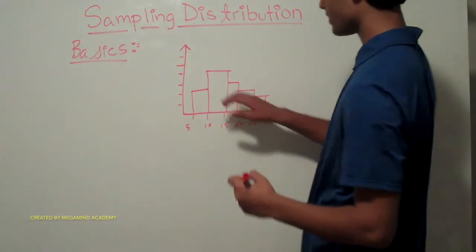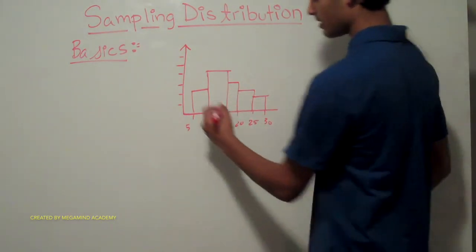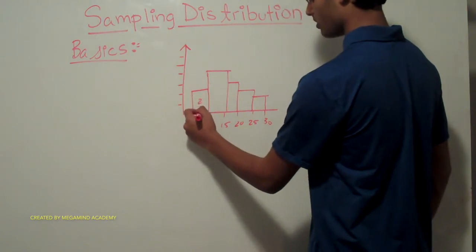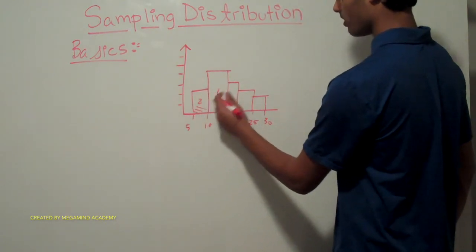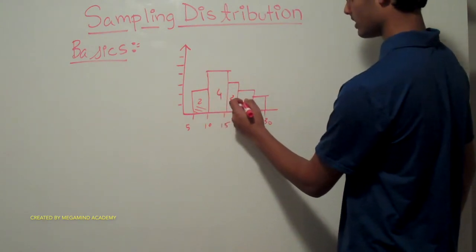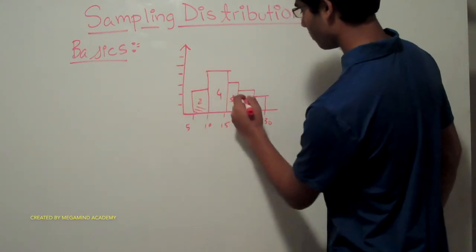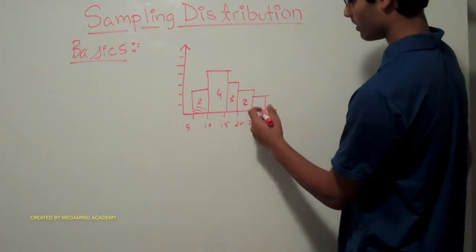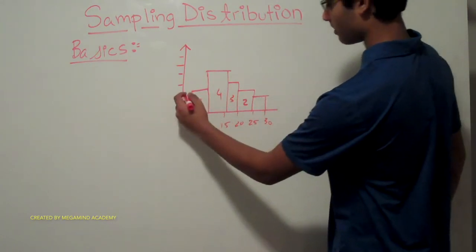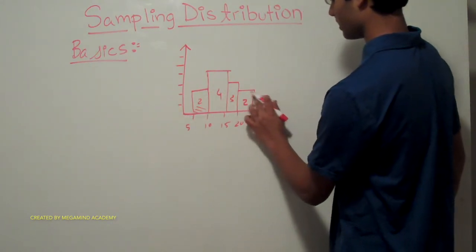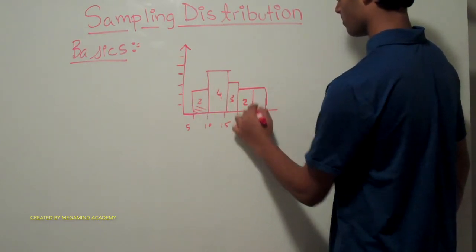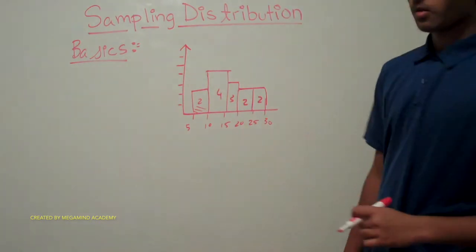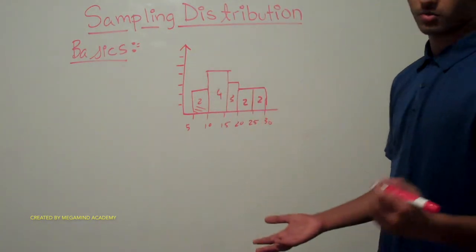So the value of this would be 2, the value of this would be 1, then 4, then 3, and let's say these are both 2. Okay, so this is what a regular sample distribution would look like.